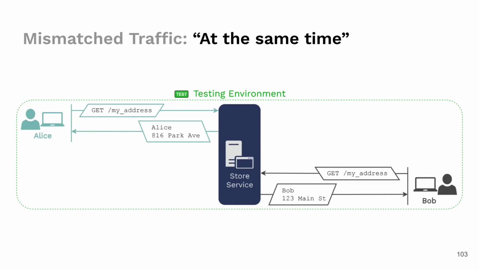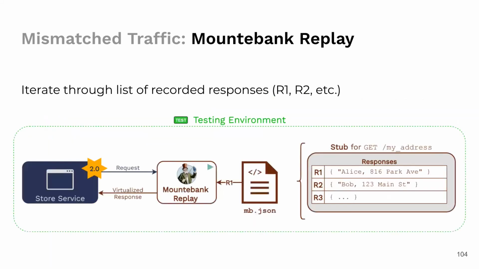Let's look a little more deeply at what's causing this problem. So recall how Mountebank, our downstream recording and service virtualization tool, works when it's replaying traffic, when it's virtualizing services. Specifically, that it pattern matches an incoming request to a stub, just being a set of configuration that it uses to generate a response.